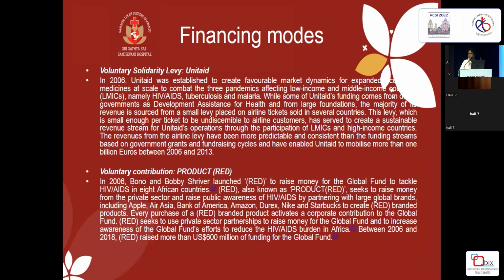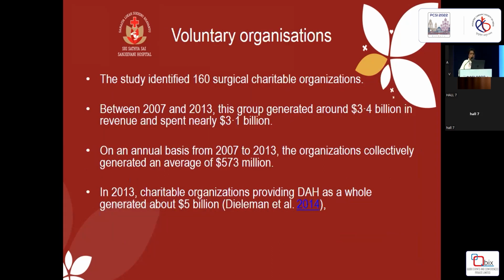We can have various other very efficient ways, like UNITAID, where a small levy on airline tickets increased the revenue for healthcare for HIV by 1 billion, which was not even noticed by the passengers who were flying the planes. With products like Apple iPhones, a small percentage can be given, and such levies are also important.